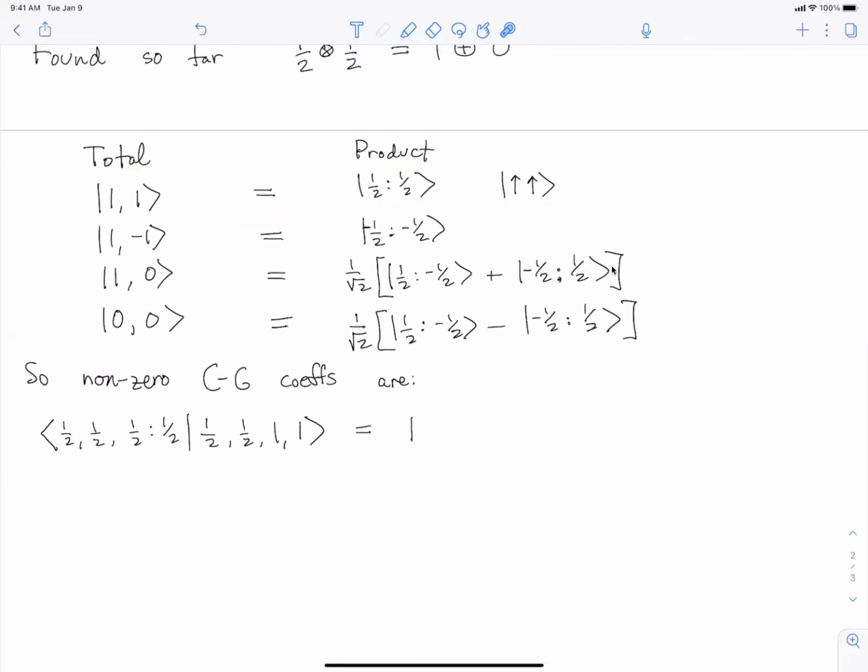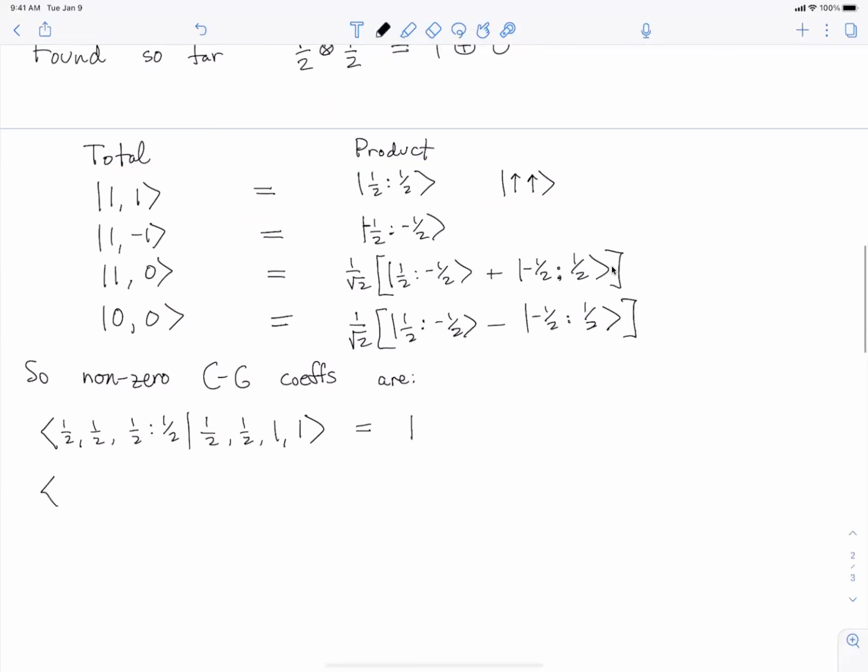And then similarly, I'm going to not write the 1/2, 1/2s, but you could. So I'm just going to leave a space for them there. 1/2, -1/2, 1, 0 is equal to 1 over the square root of 2.